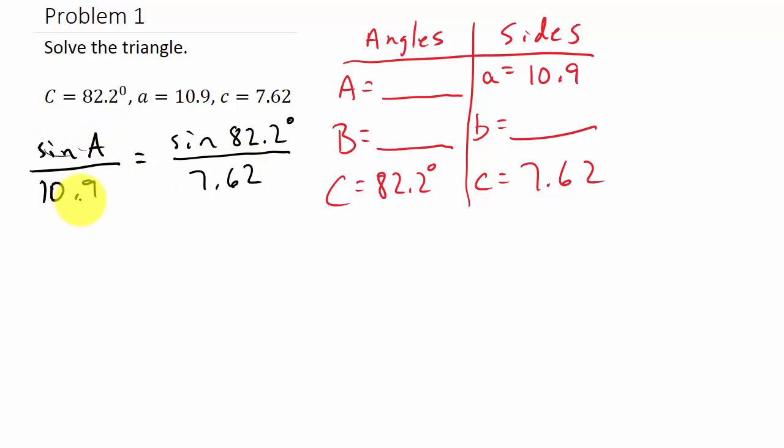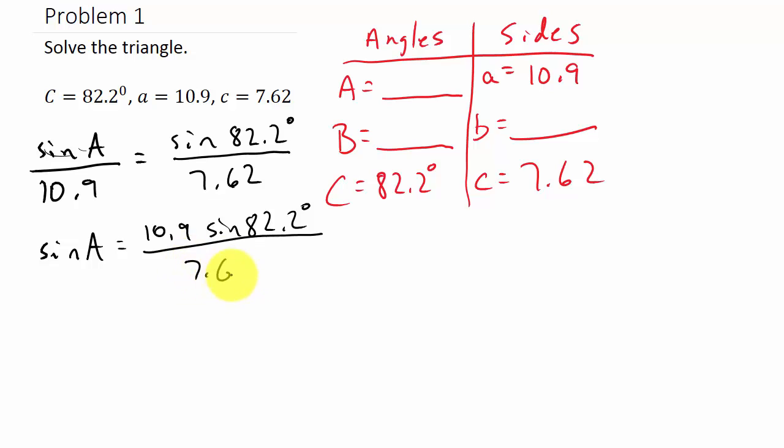So the 10.9, I'm going to move it across. That's going to be sine A is equal to 10.9 times the sine of 82.2 degrees over 7.62. I'll have to punch all of this into my calculator.